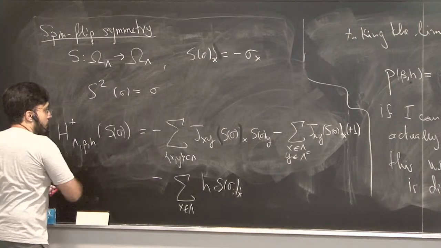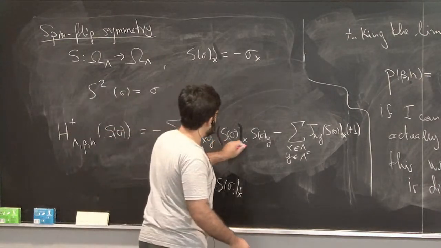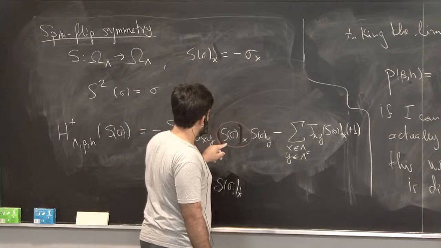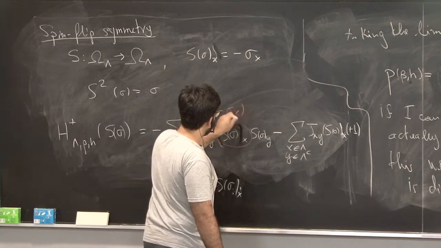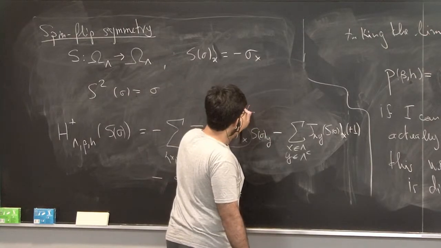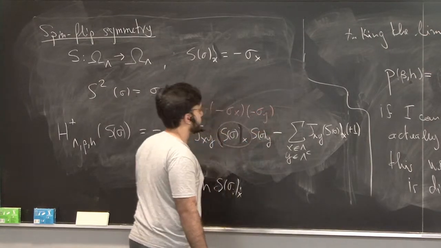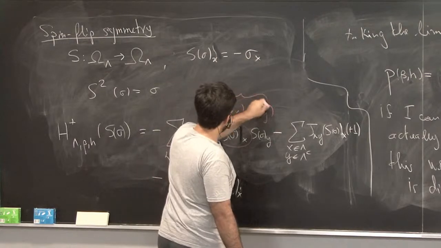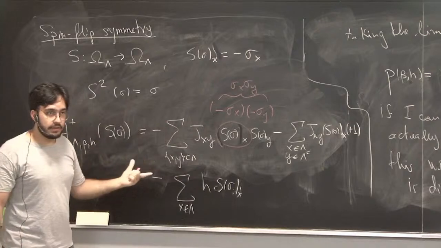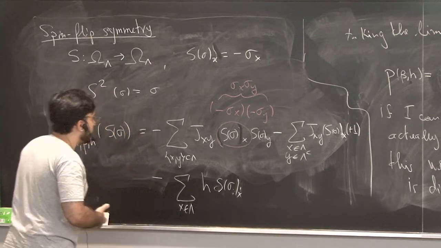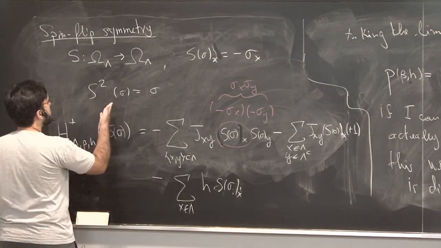Remember, this is just minus sigma x, and this is minus sigma y. So this implies that the two-body interaction term of the Ising model is invariant by the spin flip symmetry.